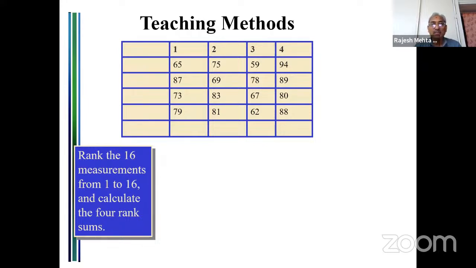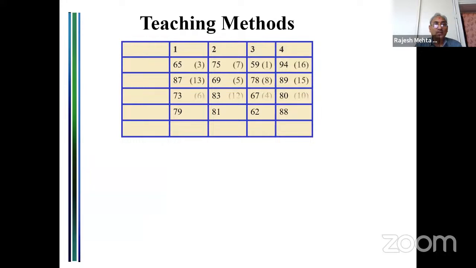The total number of students is 16. So the 16 students have the marks attached to them. In brackets, we write down the score. The lowest, 59, is given rank 1, 62 is rank 2.